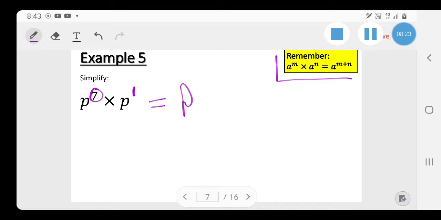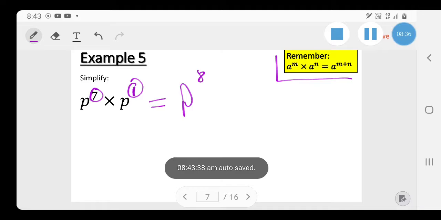There's just an imaginary 1 written there, and you just have to remember that. If it helps you to remember, you can draw it in like I've done just there. Now we can do 7 plus 1, which equals 8, P to the power of 8. All right, so that's another little issue covered.